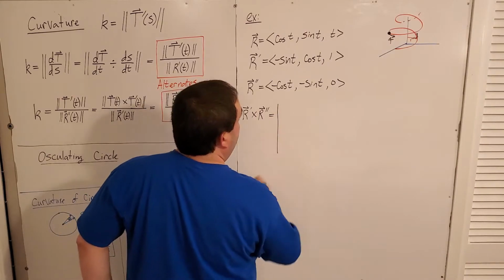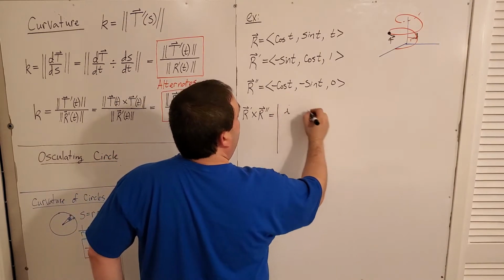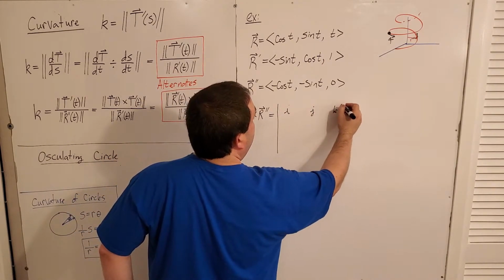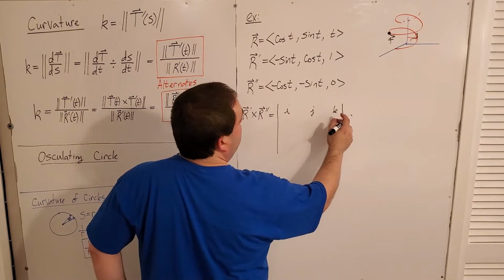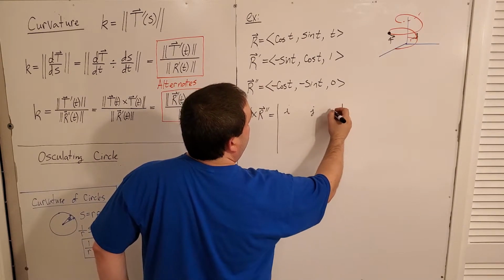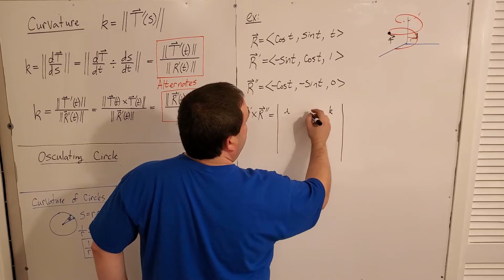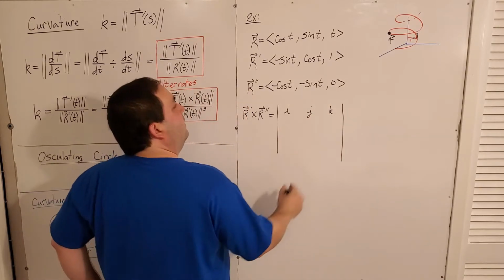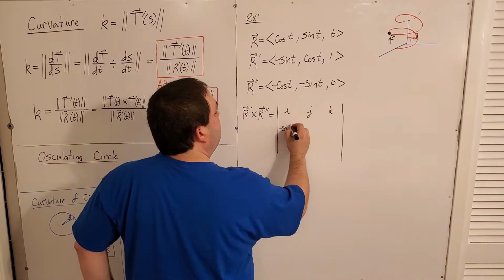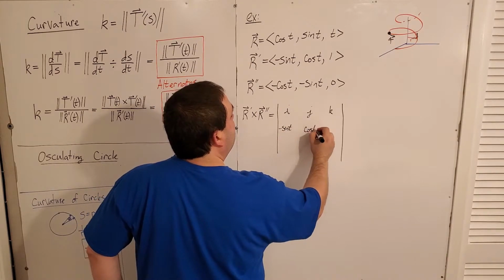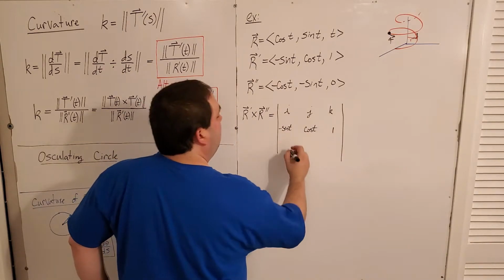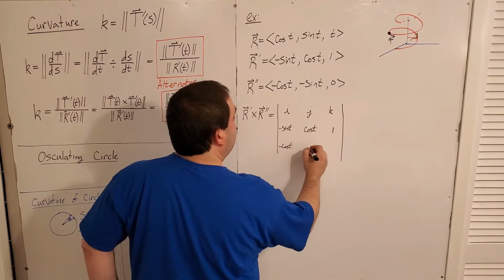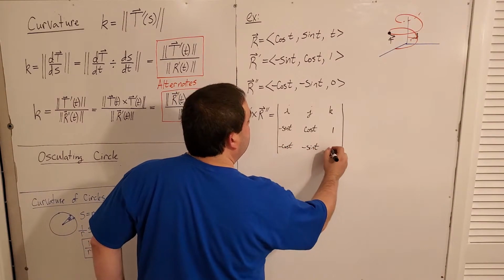I've got my determinant, i, j, and k. Okay. I've got negative sine t, cosine t, and 1. I've got negative cosine t, negative sine t, and 0.